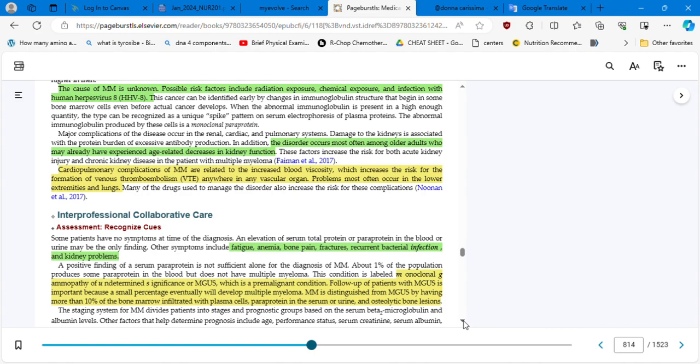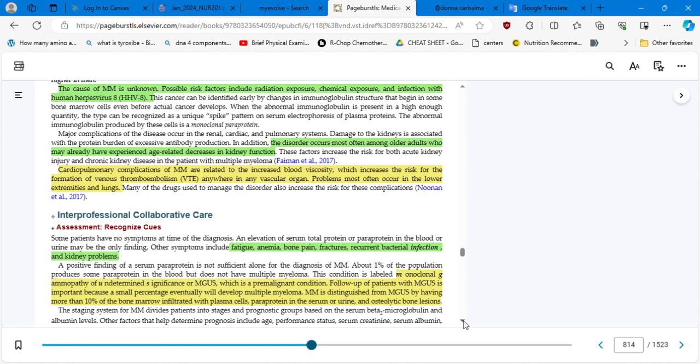Cardiopulmonary complications are related to the increased blood viscosity, which increases the risk for the formation of venous thromboembolism in any particular region. Remember that in multiple myeloma, there is an excessive number of abnormal plasma cells that invade the bone marrow and ultimately destroy the bone. And the invasion of the lymph nodes, spleen, and liver also occurs.